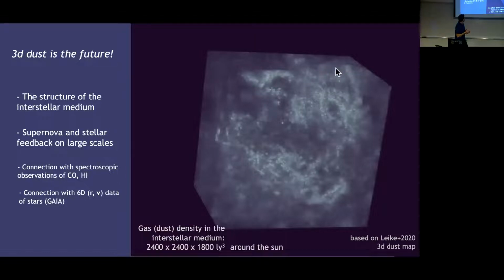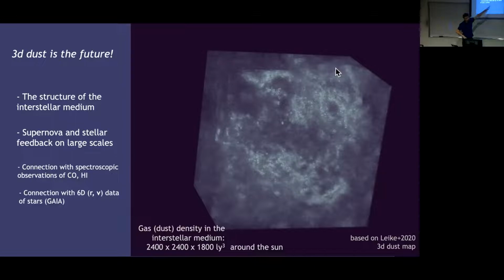So I'd like, for example, to look at the statistics of these supernova shells, how this agrees with the supernova rate and star formation rate we have in the galaxy. If you connect this to spectroscopic observations of CO and HI, where you have Doppler shifts that tell you the velocity, then you can have 4D. This is a quest by its own.